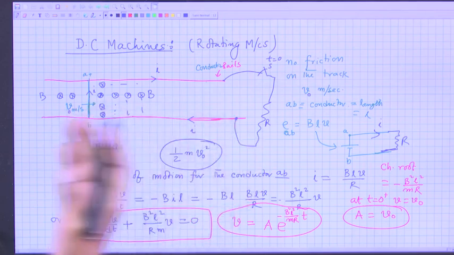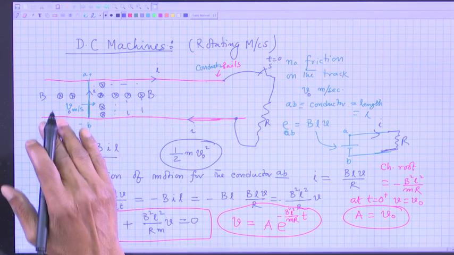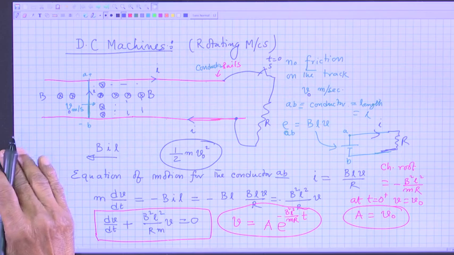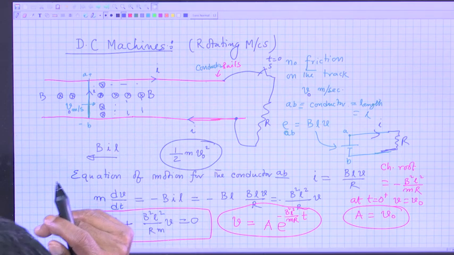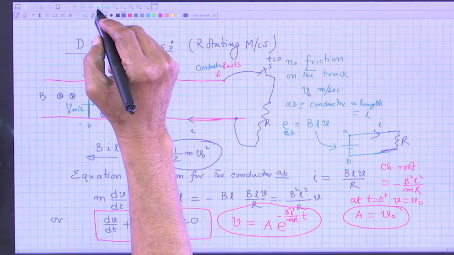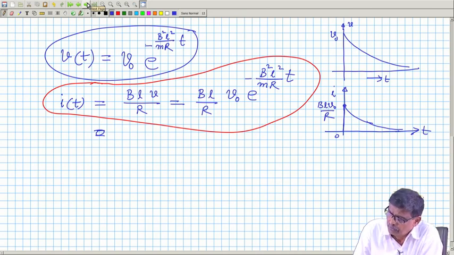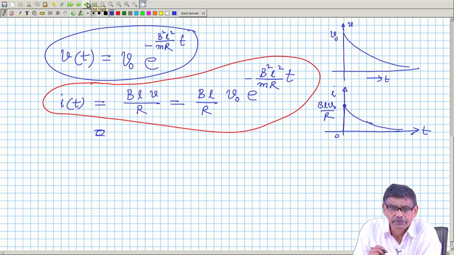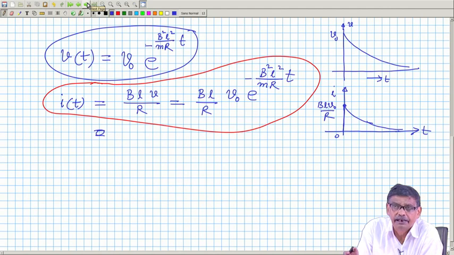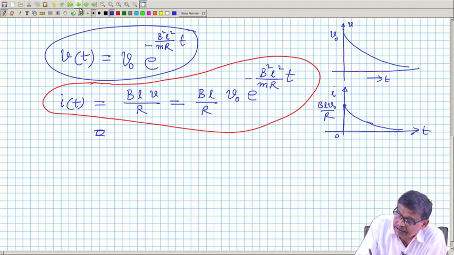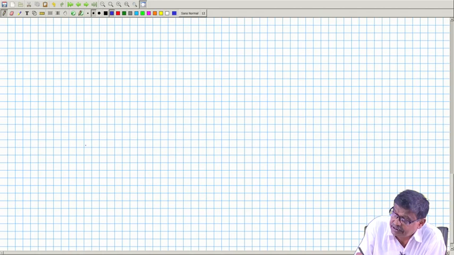In general there must be an external agency which will be pushing it from left to right, that is called prime mover. So, this is a simple generator without any prime mover. In general, to make the generator work, there must be a prime mover, and the equation of motion I will write next class. But before that, in the same arrangement, let me just study another thing. This was my rail.